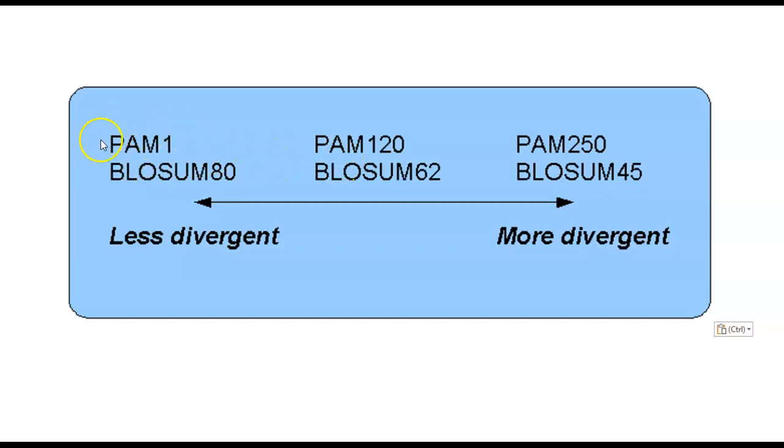So you can see the inverse relationship between the two. And then obviously for distantly related sequences, you would select a low BLOSUM matrix, because remember, higher BLOSUM is higher identity and lower BLOSUM is lower identity. And therefore also a higher PAM matrix, such as PAM 250. So that's the relative difference between the two of them.